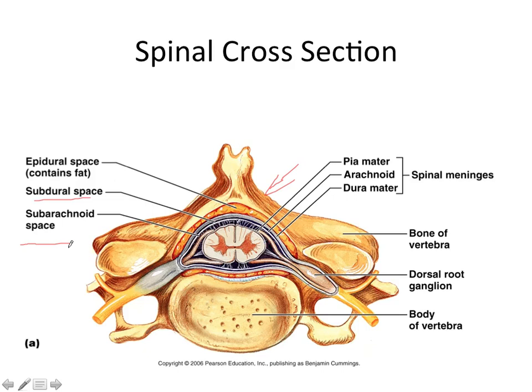Another example is that we can treat leukemia. Because leukemia can infect the central nervous system, we can inject chemotherapy medications in this area to treat it. These are the significant meanings of this space.